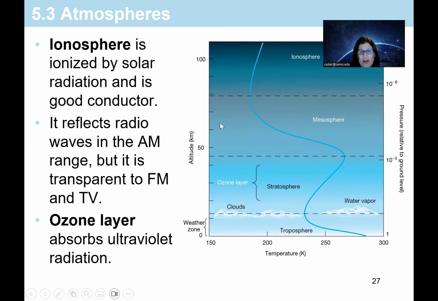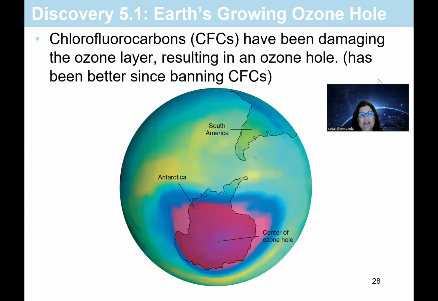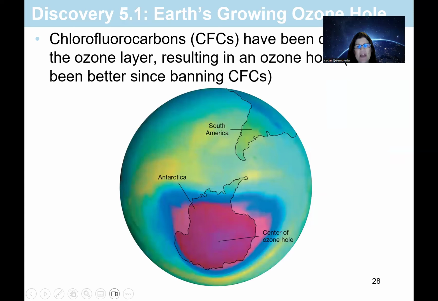The ozone layer also helps absorb ultraviolet radiation, which protects life on the planet and protects your skin. Chlorofluorocarbons, CFCs, were thought to be damaging the ozone layer in the 80s or 90s, and so they were banned.